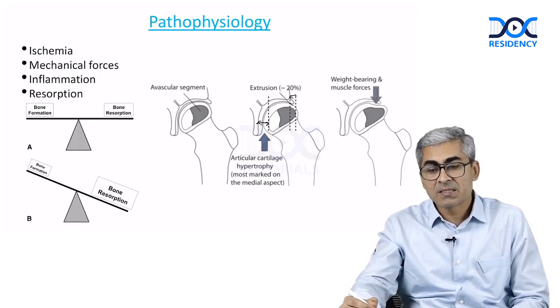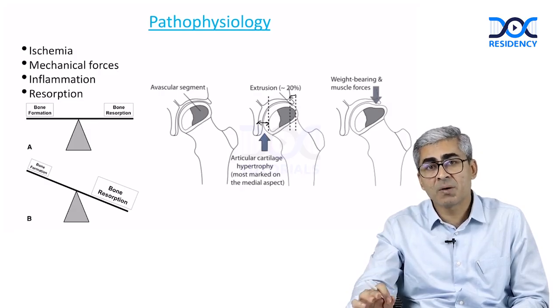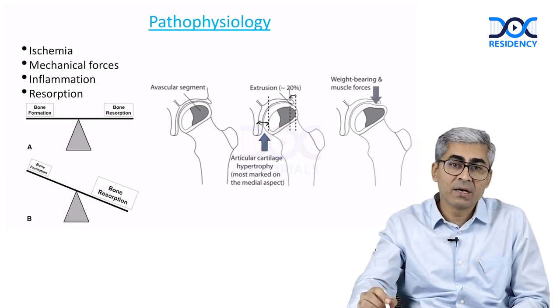And upon that, lastly, we see that there are weight bearing forces. Even in non-weight bearing, the muscle spasm of the adductor and psoas is enough to deform the femoral head.